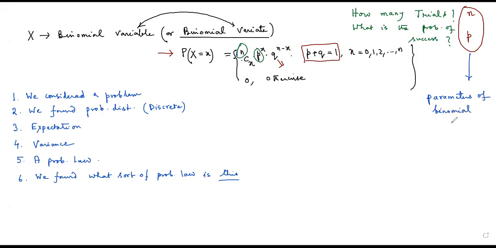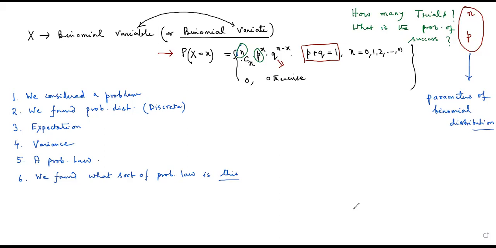So whenever we are going to judge the system, we are supposed to find out whether we know the values of the parameters or not. If for a problem the parameter is missing, we can find out by assuming that the system is behaving in binomial way, or it may so happen that the system is not at all binomial, it is behaving in some other way, because binomial probability distribution is not the only probability distribution that we have in statistical analysis.